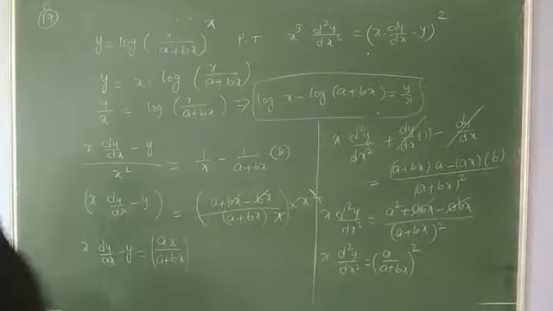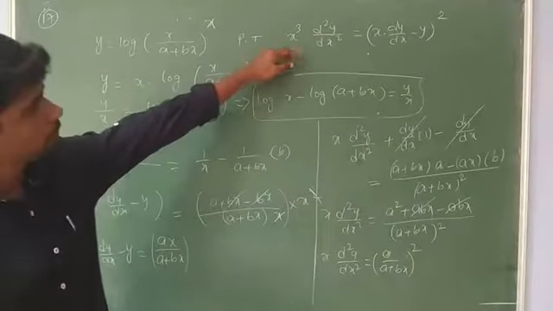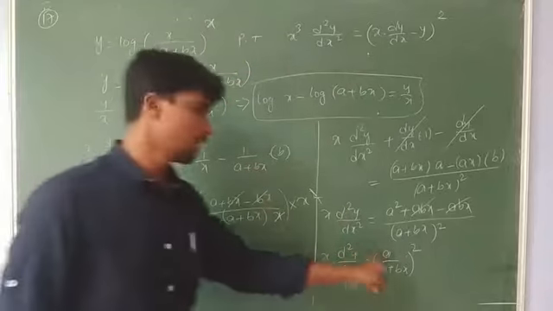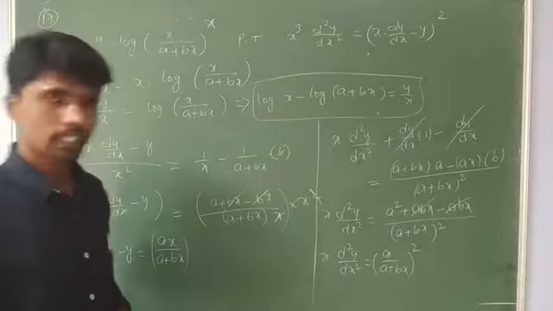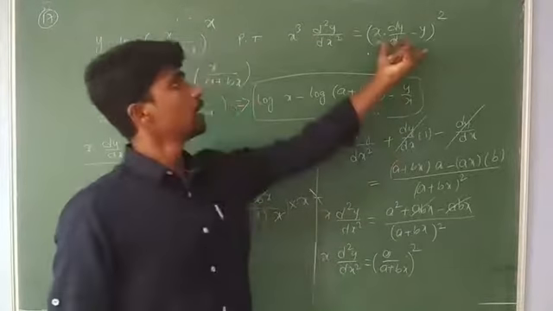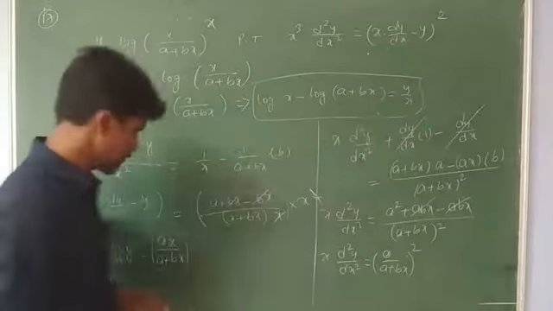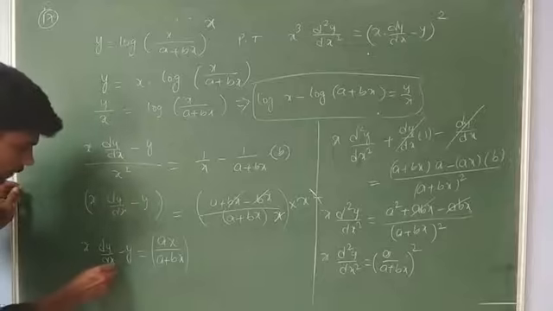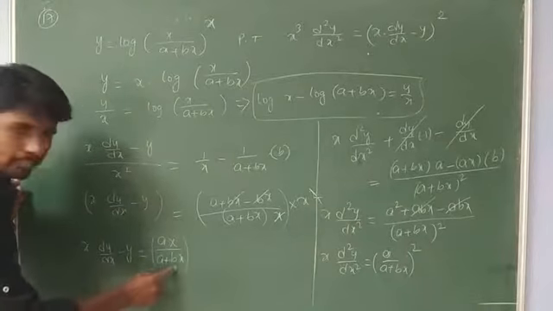Now we cross check the answer against what they asked us to prove. In our proof we didn't have any a and b, right? So our next work is to convert this particular part into our required form. For that I search the base. You see here I have x into dy by dx minus y is equal to ax into a plus bx.